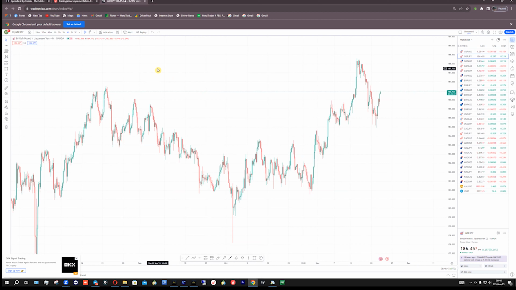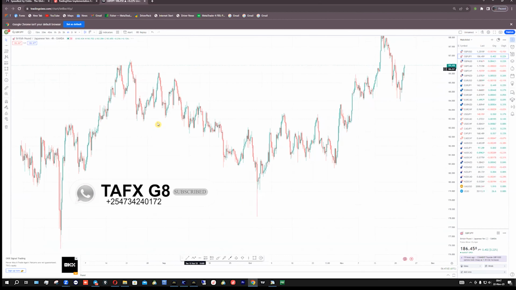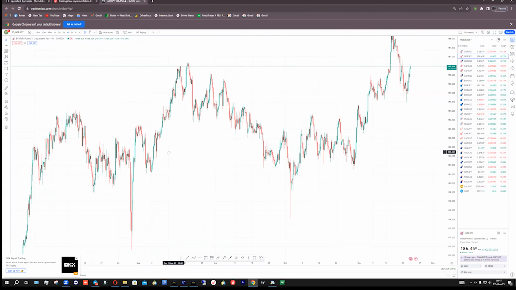This is why we take people through it, especially on our VIP, to show them the secret and our entry point after identifying the higher lows or the lower lows, the market structure, and how our system makes things easier. But in this video, I'm just going to prove it in the simplest way.